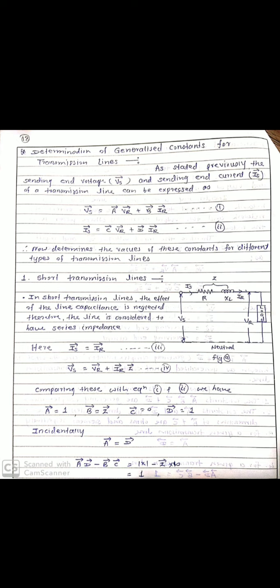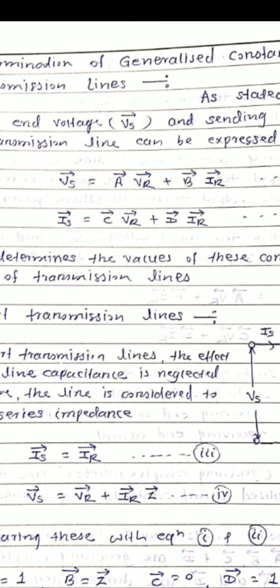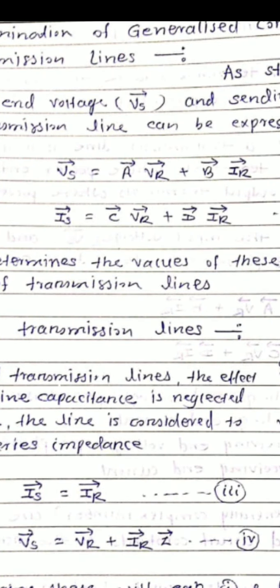As stated previously, the sending end voltage and sending end current of the transmission line can be expressed as Vs is equal to A into Vr plus B into Ir, called the first equation, and Is is equal to C into Vr plus D into Ir, called equation number 2.